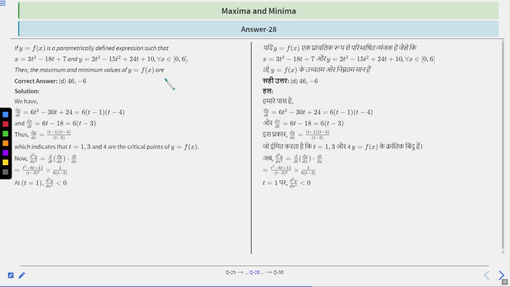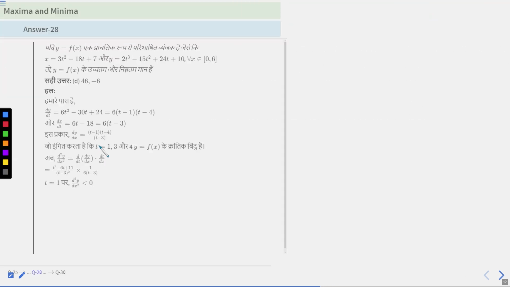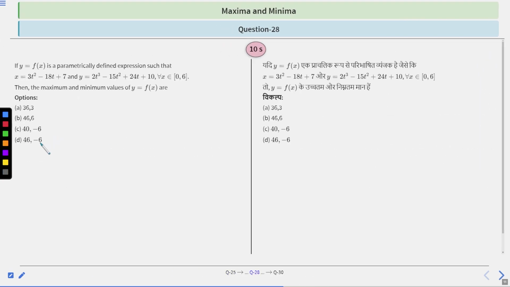When you put t equal to 1 in y equal to f(x), you will get the maximum value as 46, and when you put t equal to 4, you will get the minimum value as minus 6, right? Got it? I think option D is the right choice. 46 and minus 6, right?